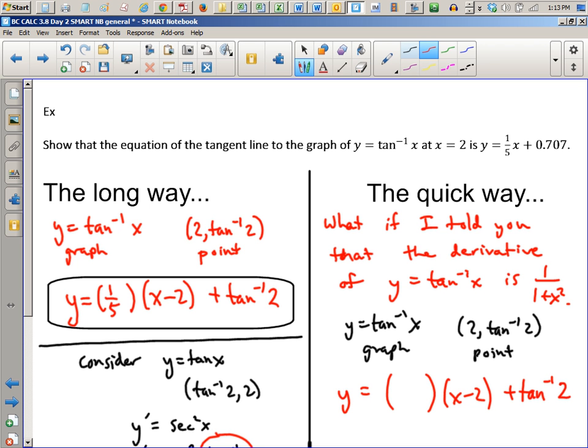But you know already now how to get the slope. It's right here. It's just 1 over 1 plus x squared. So that would just be 1 over 1 plus 2 squared. There it is, the 1/5. That's so much easier. y equals 1/5 times x minus 2 plus arctan of 2.